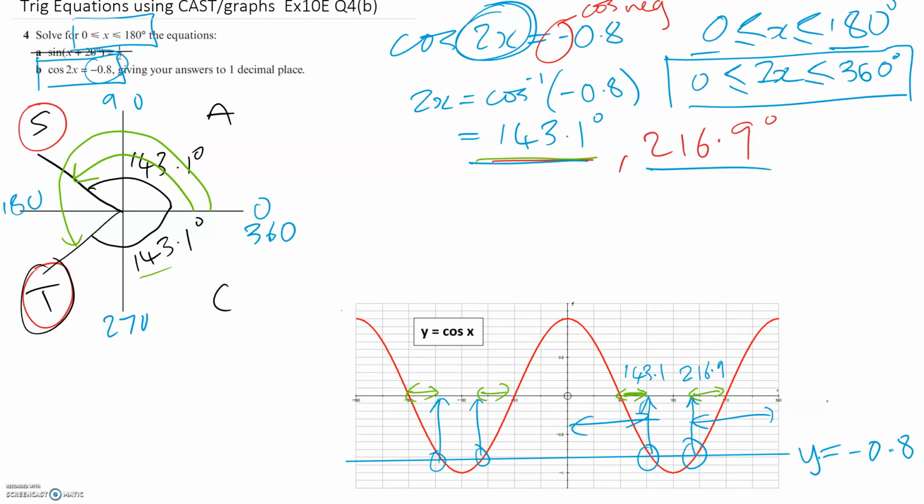So anyway, however you find these two values, you should get these two, and then right at the very end you now divide by 2 and divide by 2. So our answers are x equals 71.6 degrees and the other one, 108.4 degrees.